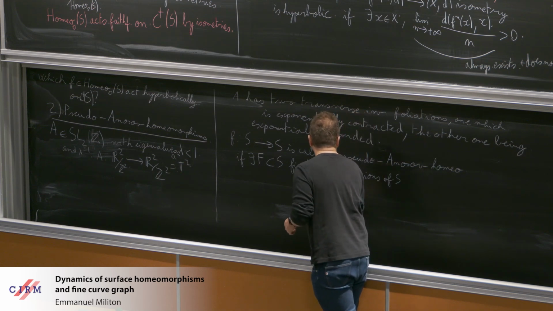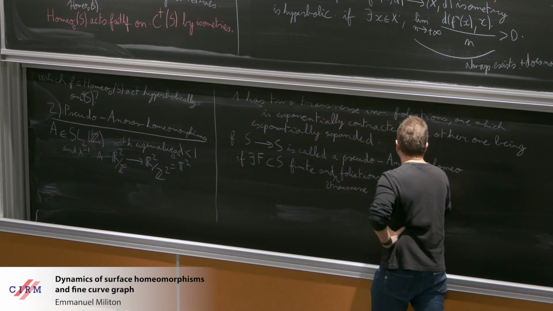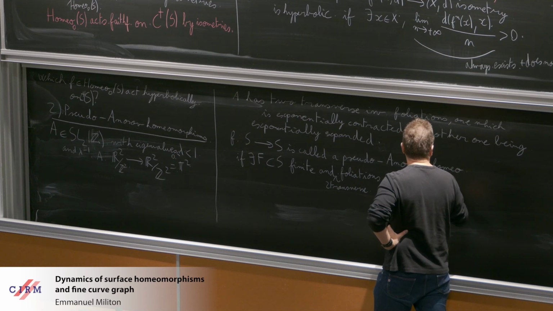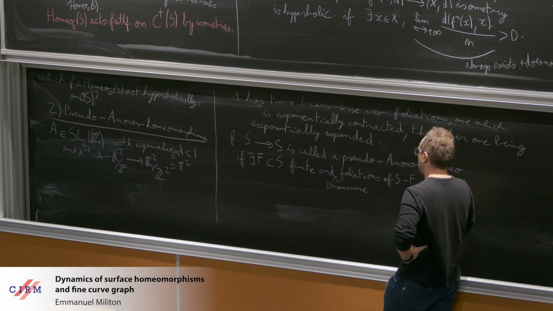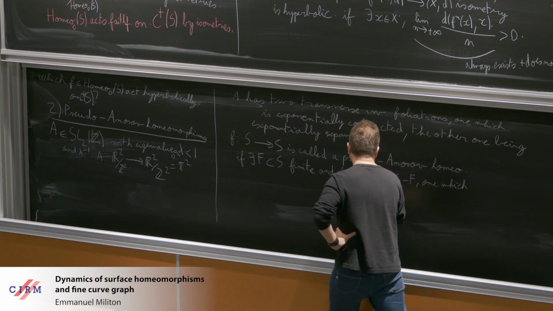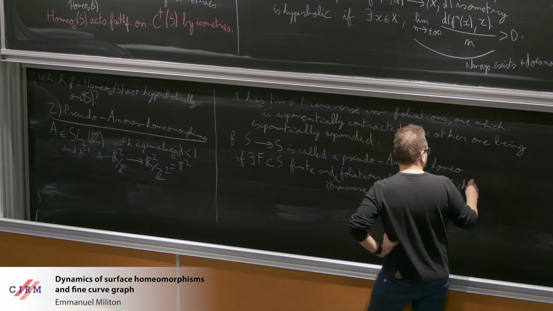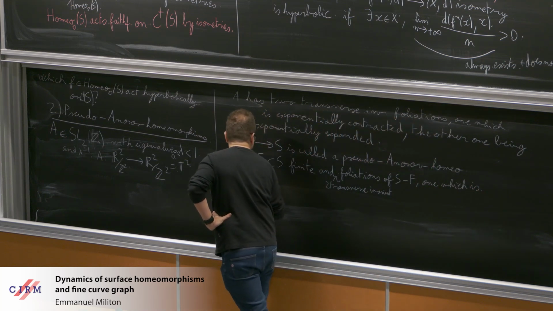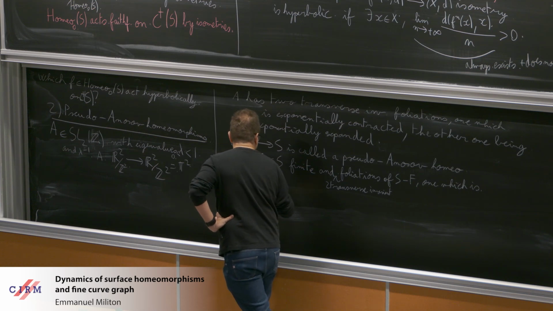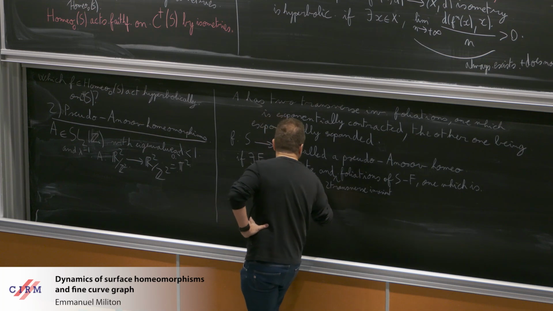Okay, so I need two transverse foliations, as in the case of the torus, of S minus F, one which is contracted by F, two transverse invariant also, one which is contracted in the same sense as in the case of the torus, the other one being expanded.